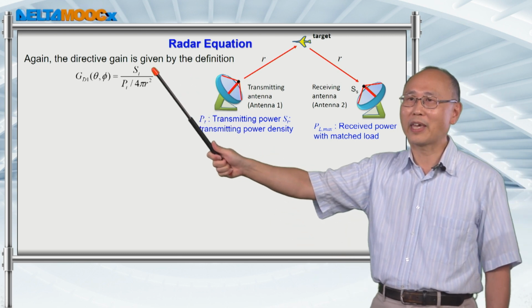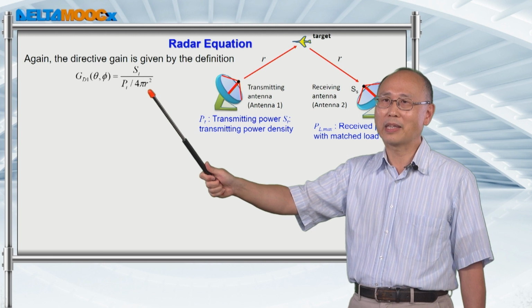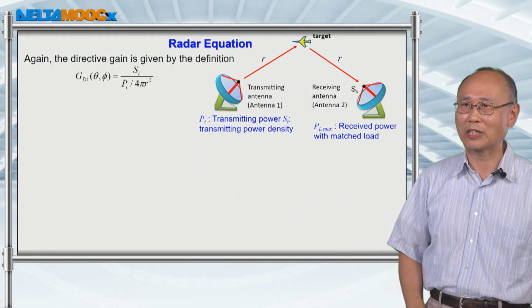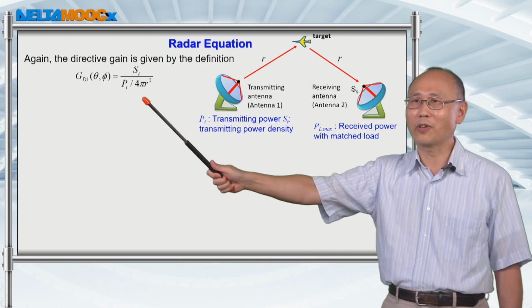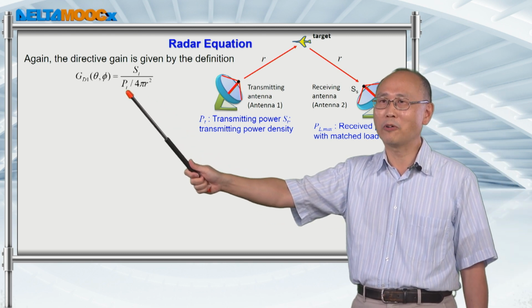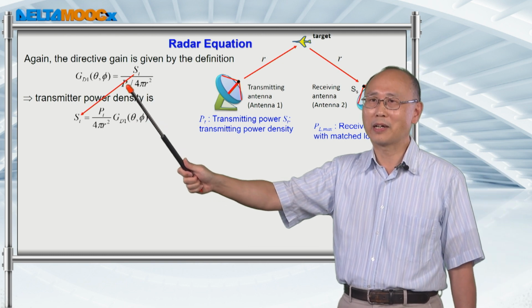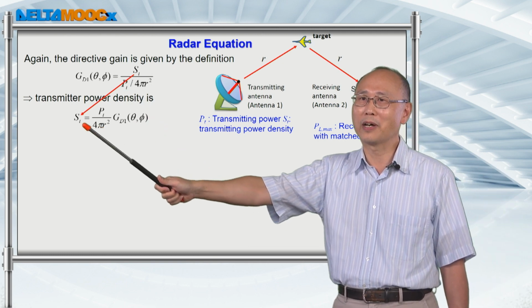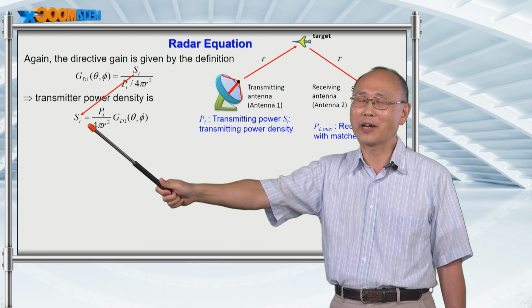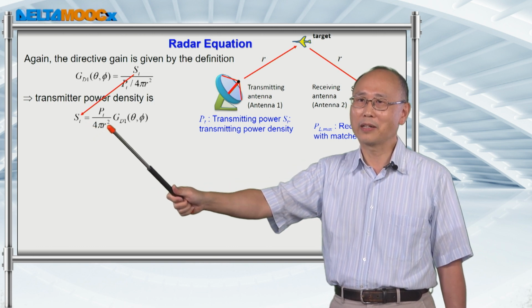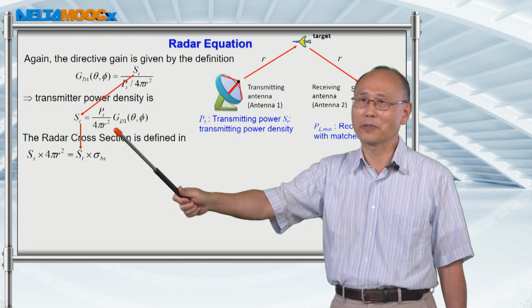The directive gain is given by this formula from section 16.4. You start with the transmitted power in this expression. If we organize this expression in terms of the power density of the transmitting antenna, you have this expression.